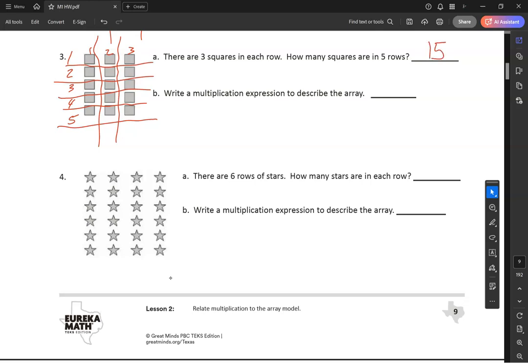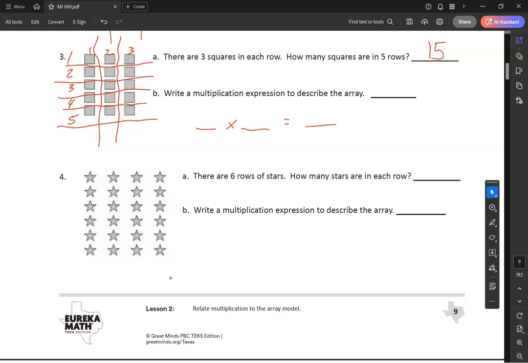Okay. B, write a multiplication expression to describe the array. So we're writing a multiplication expression, multiplication sentence, multiplication equation. It's all the same thing. The way we're going to do that is, remember, we already labeled, so that's going to help us. To write a multiplication expression, we need a number times a number equals something.